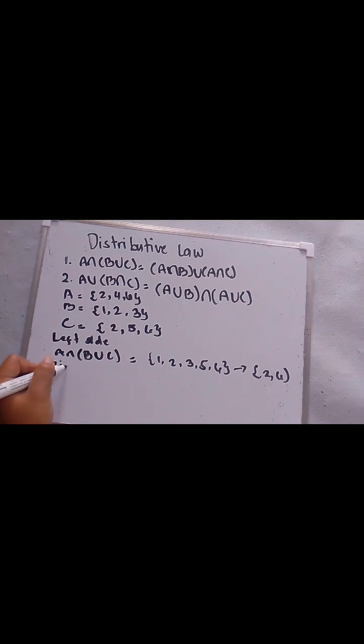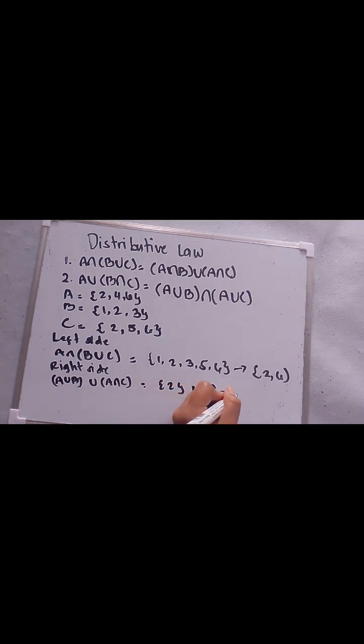Now the right side: (A intersect B) union (A intersect C). A intersect B is the set of 2, and A intersect C is the set of 2 and 6.